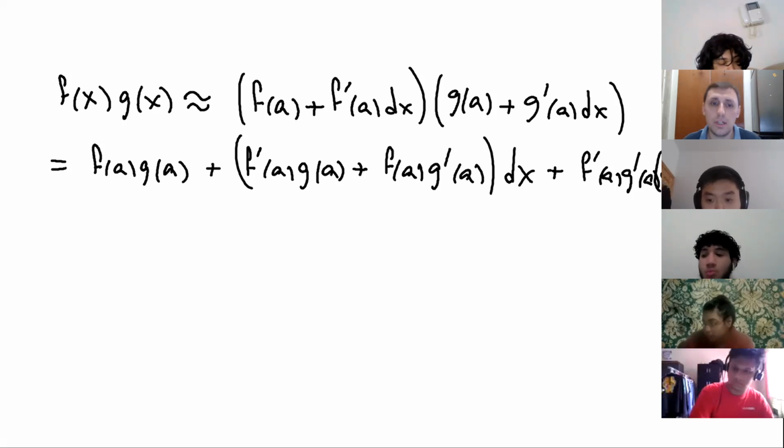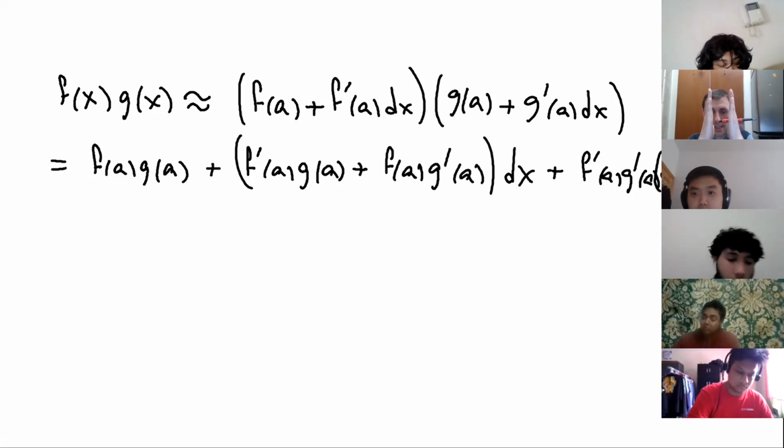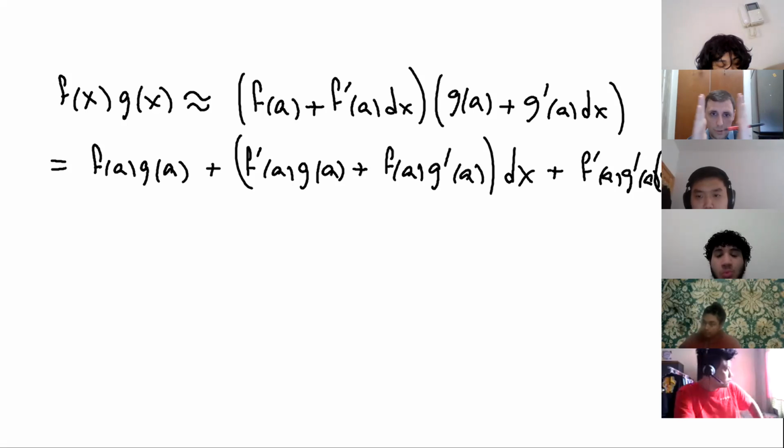So dx, you understand that when I'm zooming in, dx represents the distance that I'm seeing over my screen of the x-axis from A to any point x on my screen. It's my horizon. We've seen the zooming in, right? So dx can be smaller and smaller and smaller. It's really a limiting process. Zoom in, zoom in, zoom in, zoom in. You can zoom in as much as you like.